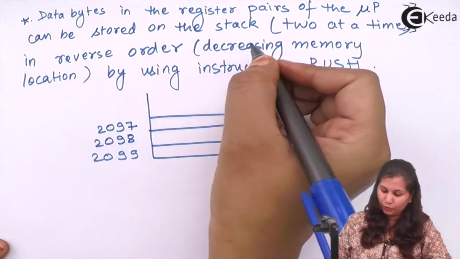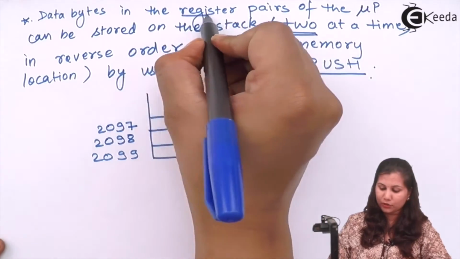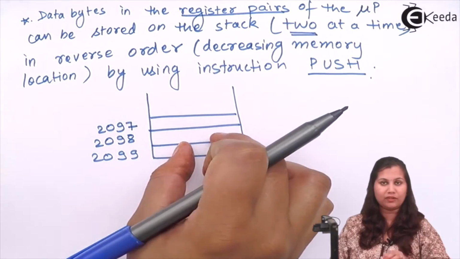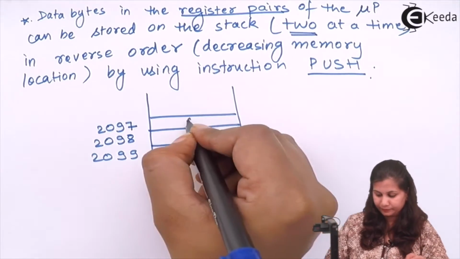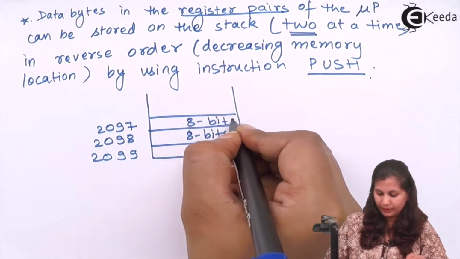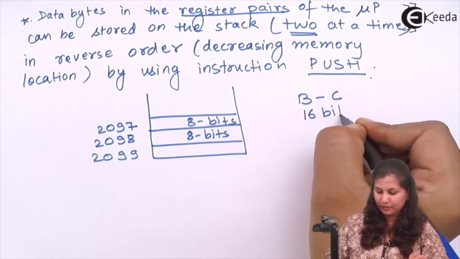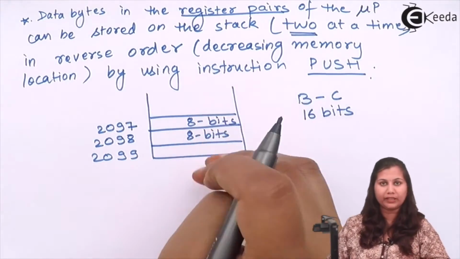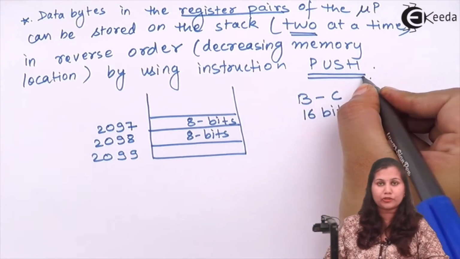We use two locations at a time because we are storing a register pair. At every location we can store 8 bits, and the register pair BC is 16 bits, so we store the data bytes 8 bits at a time, using the instruction PUSH for that.